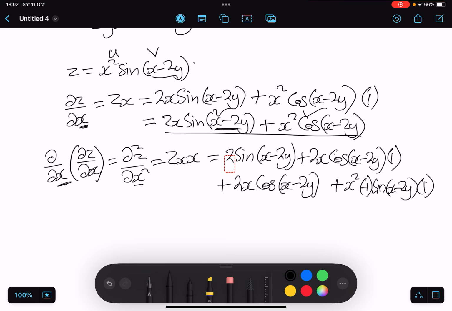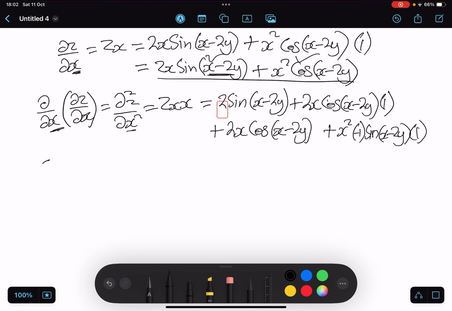So now this is what we have for d squared z over dx squared.